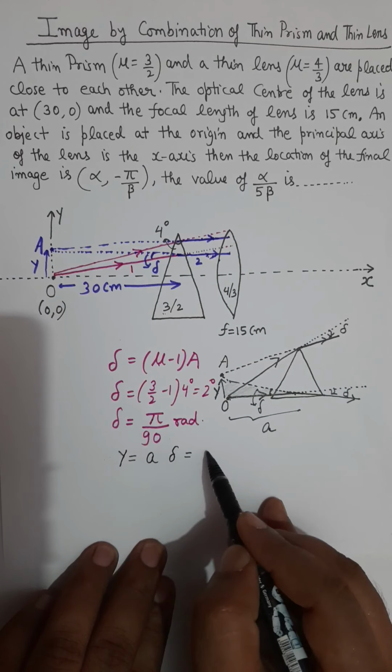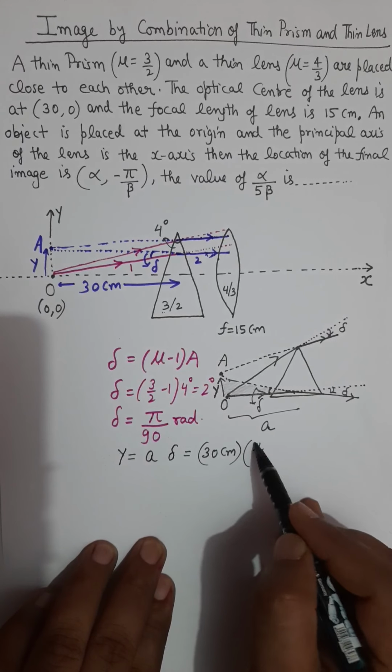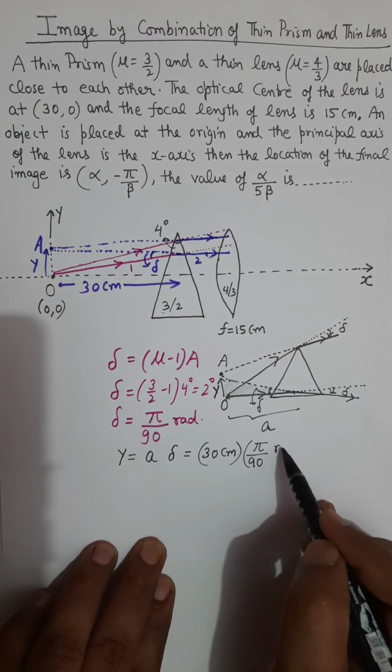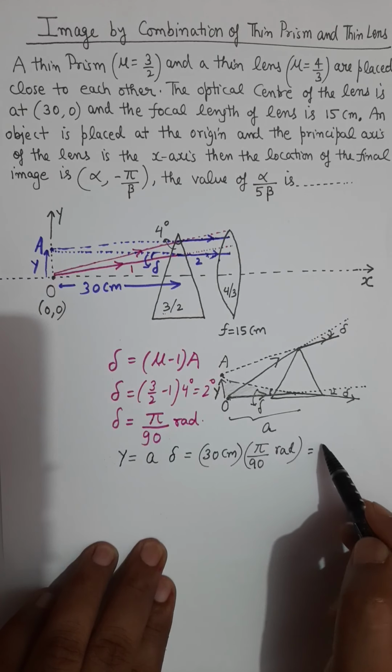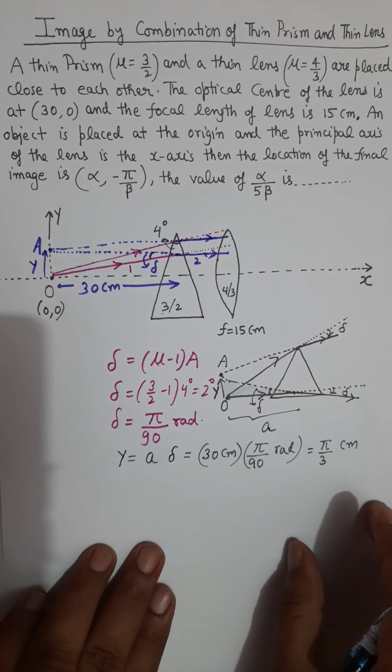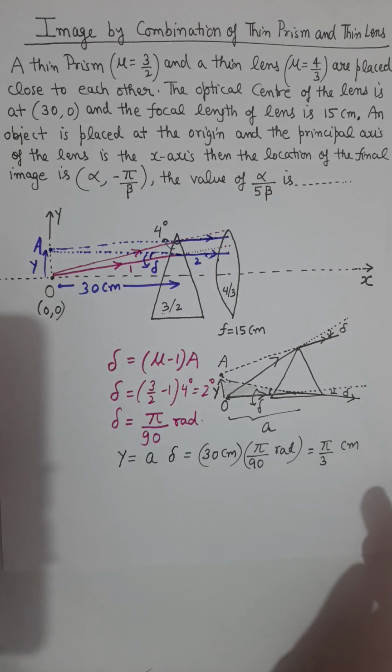So I will put a as 30 centimeter and delta as pi over 90 radians, which I can write as pi over 3 centimeter, because radian is not the SI unit for me. So I can skip the radian unit and write it as pi by 3 centimeter.